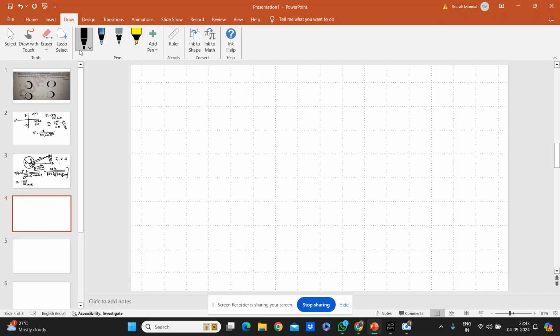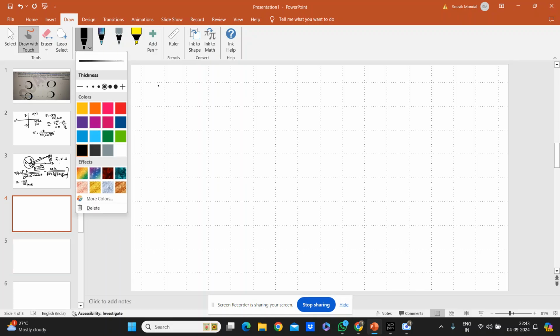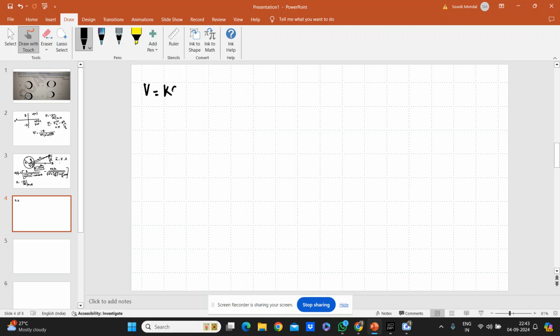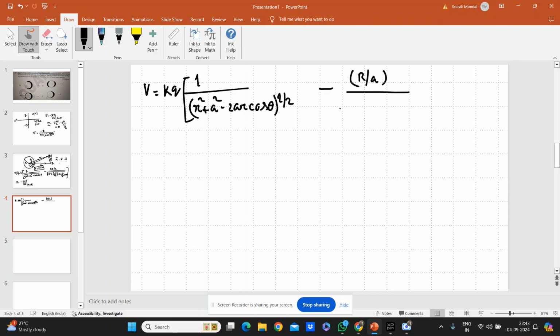Let's write the potential formula once more for convenience: kq times [1 over (r square plus a square minus 2ar cos theta) to the power 1 by 2, minus (R by a) divided by (r square plus R to the fourth by a squared minus 2r R square by a cos theta) to the power 1 by 2].